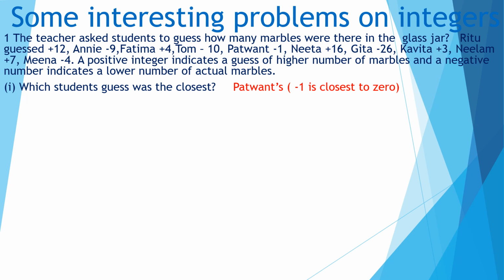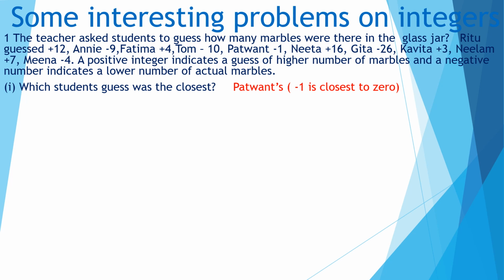Now, a positive integer indicates a guess which is more than the actual number of marbles. And a negative integer indicates a guess which is less than the actual number of marbles. So now we have to answer questions.